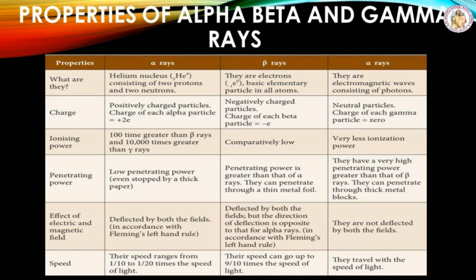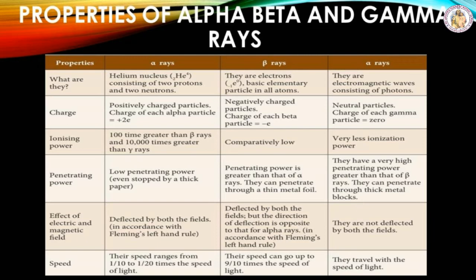Beta rays are also deflected by both fields, but the direction is opposite to that for alpha rays, in accordance with Fleming's left hand rule. Gamma rays have no charge, so they are not deflected by either field.